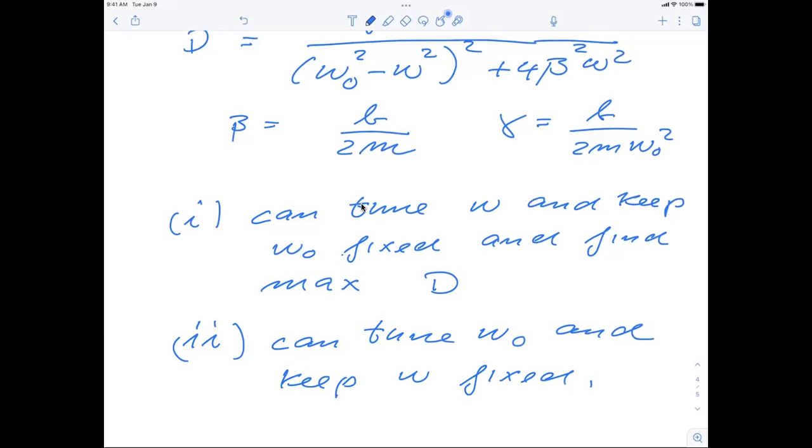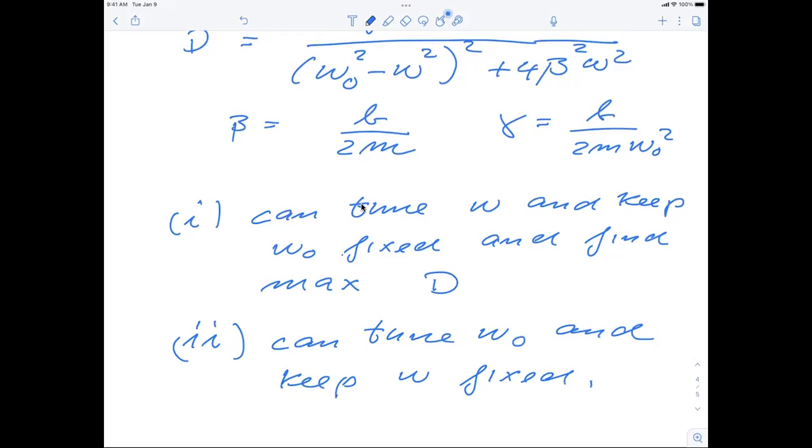Exactly. Excellent. So this is one of the things you have to think of, but you can have physical situations where you can tune omega 0. Normally, though, in this specific case, you're limited by the materials you have at hand. So it would be more natural to tune omega.